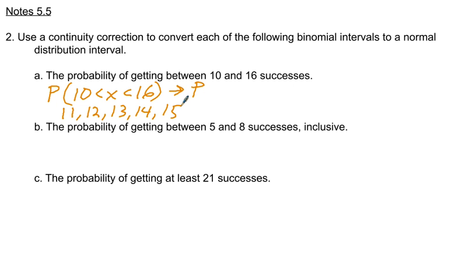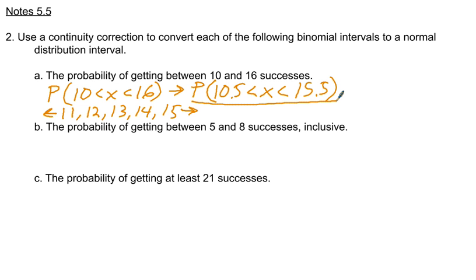So in order to use the normal approximation, I need to expand this by a half in each direction to make sure I'm including all of 11 and all of 15. So my correction is going to be 10.5 because I have to subtract a half from 11, and I'm going to add a half to 15. So this is my probability I will use for the normal distribution.